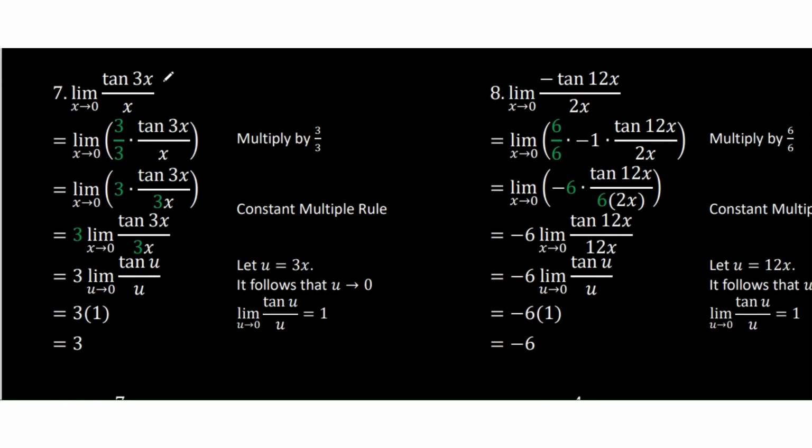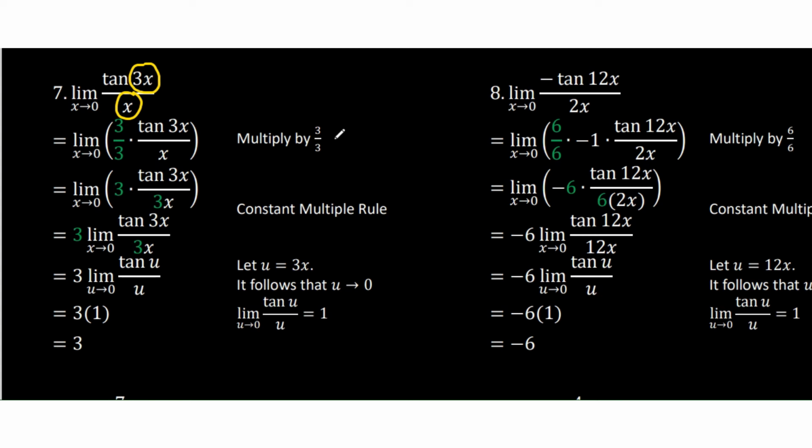But in the case of number 7 and other examples, we now need to make the numbers satisfy the condition. So if this is 3x, we need to have 3x in the denominator. And we see that this is only x.